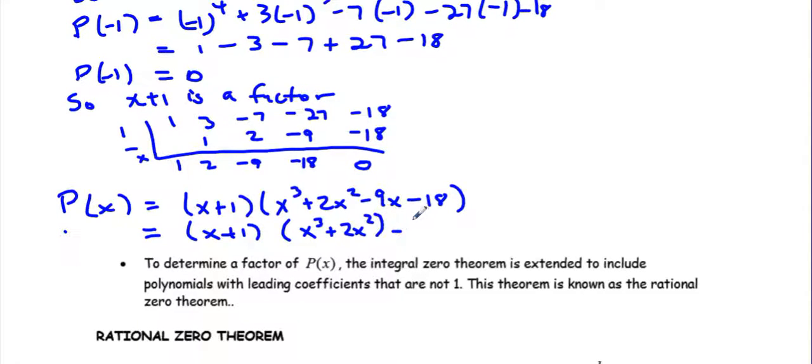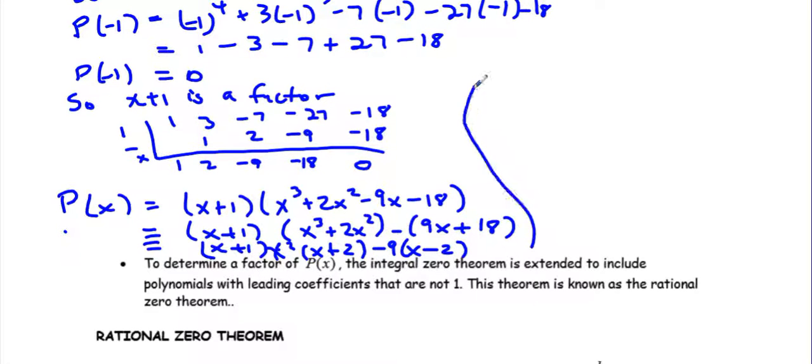When I factor this, I pull out the common factor of x squared, and we end up with x plus 2, and then this is minus 9 times x plus 2.